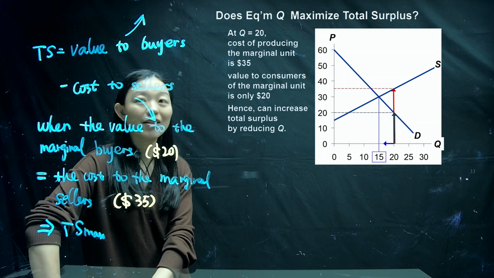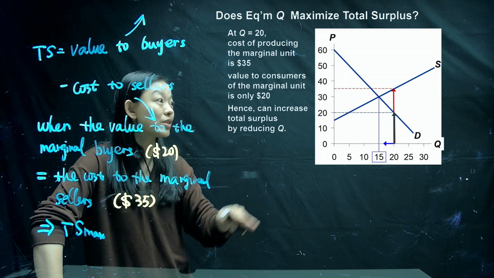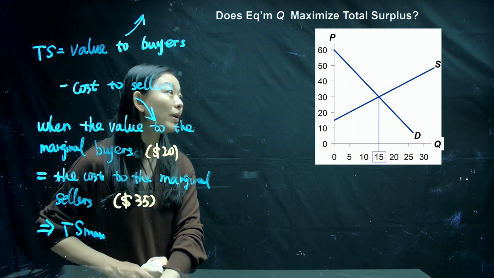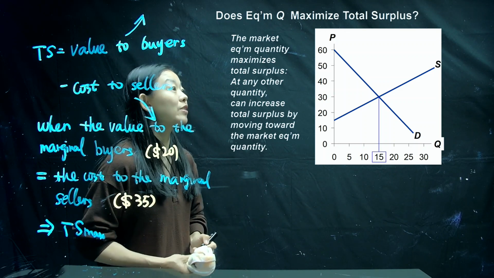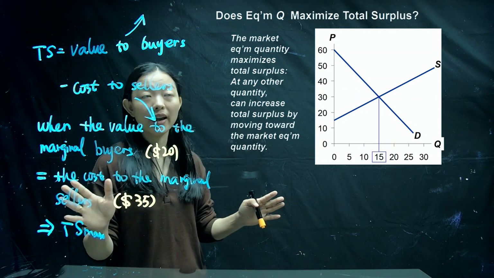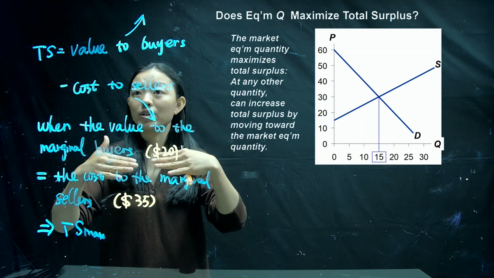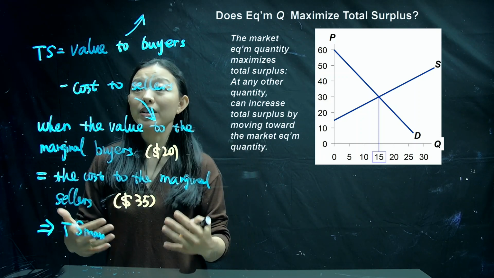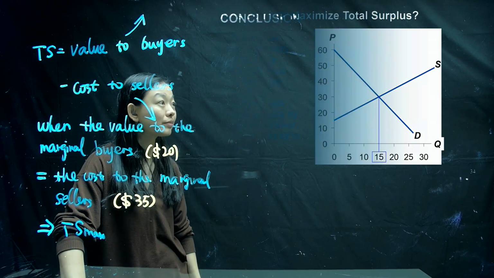Then the value to the marginal buyers equals the cost to the marginal sellers, equal to the equilibrium price at $30. Therefore, the market equilibrium quantity maximizes the total surplus. At any other quantity, we can increase the total surplus by either decreasing or increasing the quantity, to maximize the total surplus if it's not at the market equilibrium quantity.